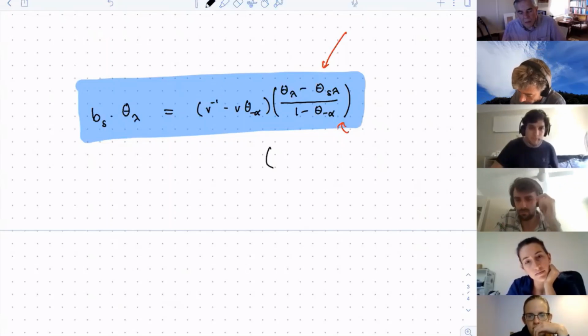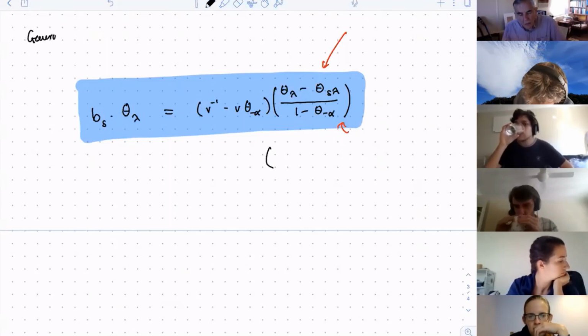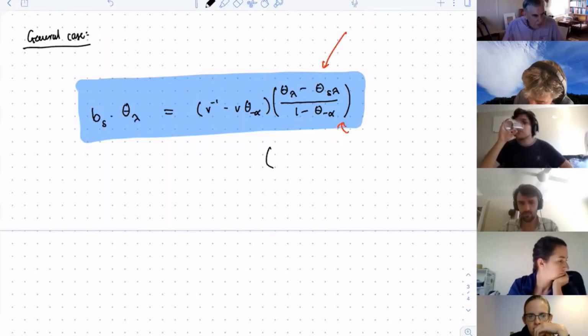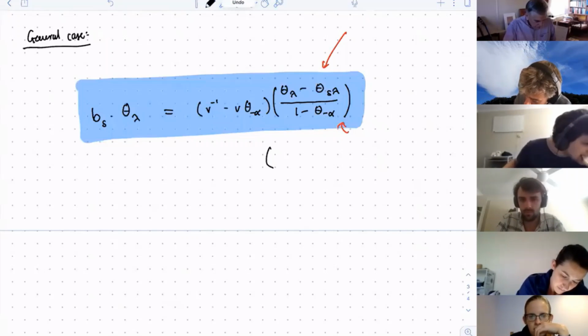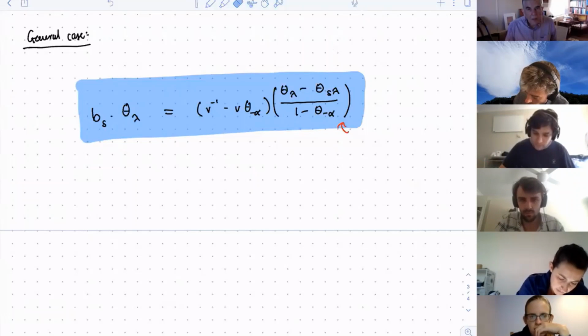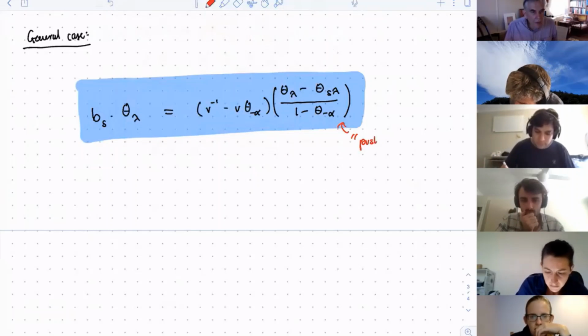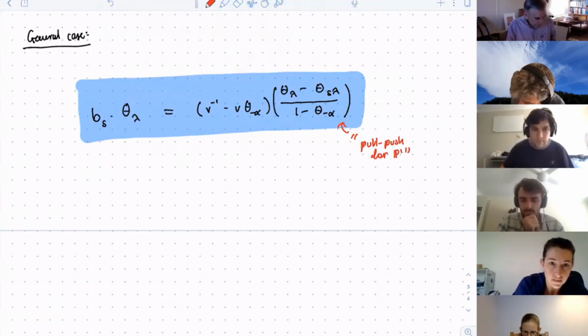Okay, so now the general case. I just want to emphasize that this piece here, in general, comes from a push, the P1, and this comes from a causal resolution.